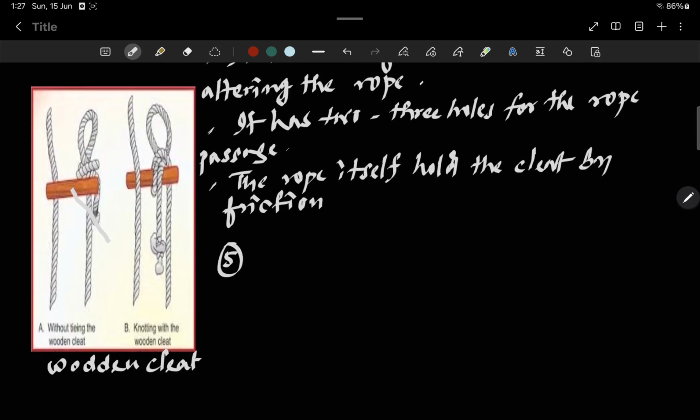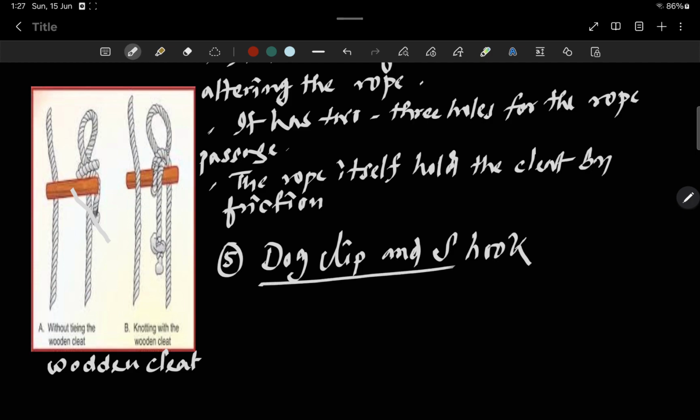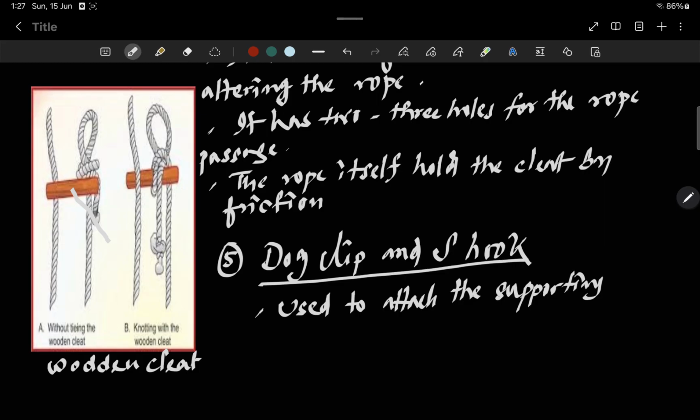5 is dog clip and S hook. It is used to attach the supporting rope with mesh.